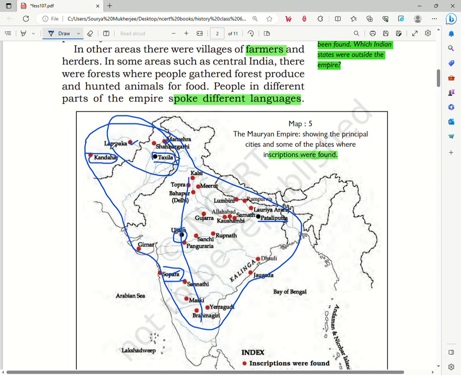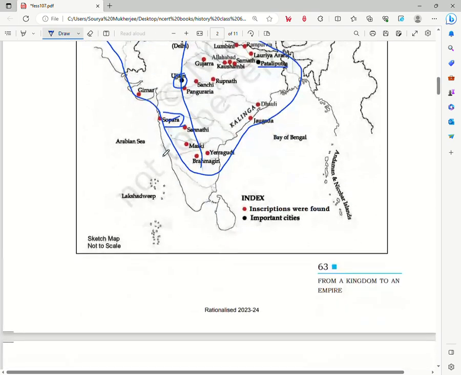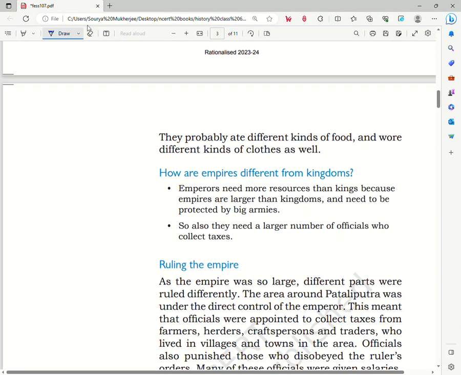Sometimes we see inscriptions written in two languages if speakers of different languages resided in that area. So inscriptions were written in two or more languages. They probably ate different kinds of food and wore different kinds of clothes as well. So naturally, guys, the food and clothing across the empire were also quite varied.